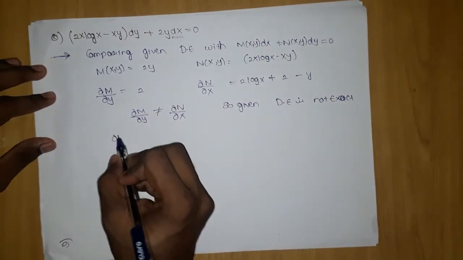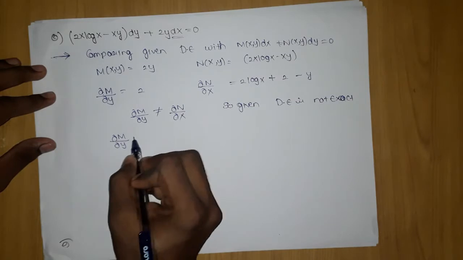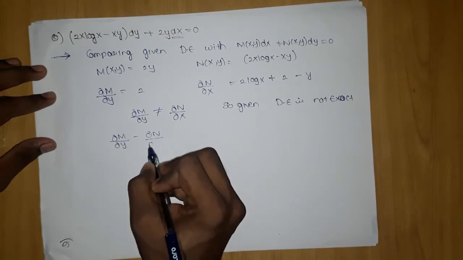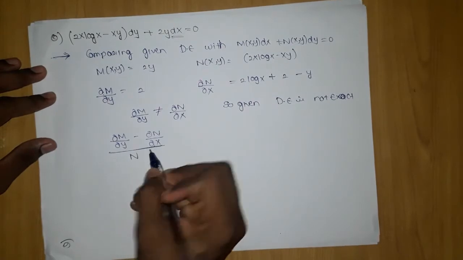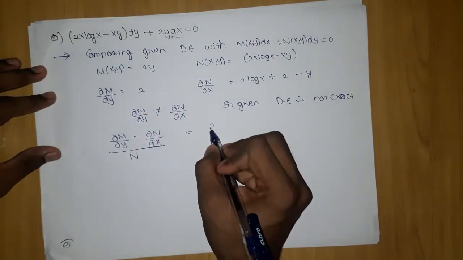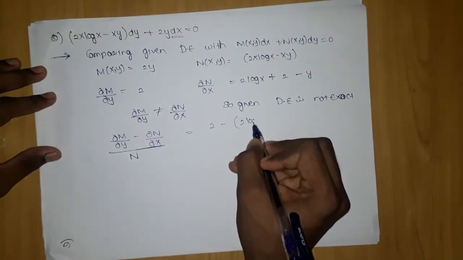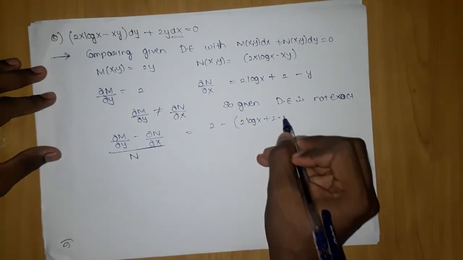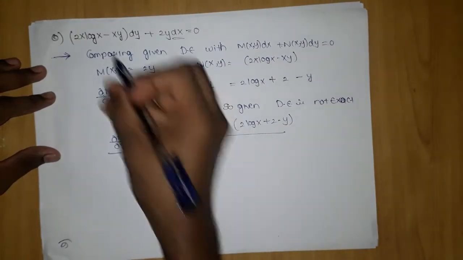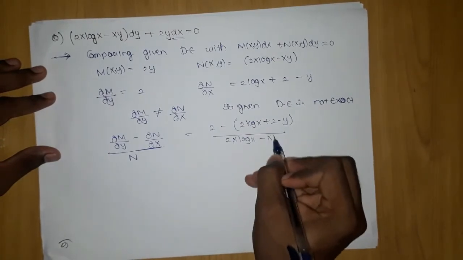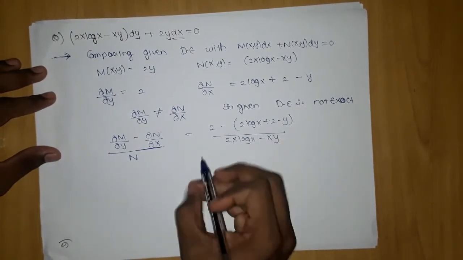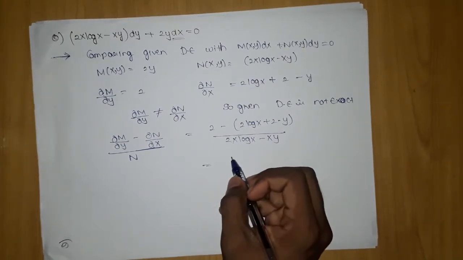So dou M by dou y minus dou N by dou x, upon N, which is 2x log x minus xy. Here the numerator is 2 minus 2 log x plus 2 minus y. Taking x common in the denominator, the 2 will cancel out.